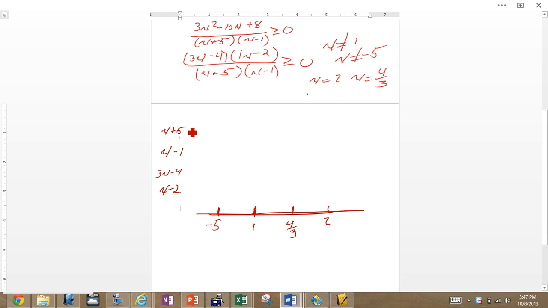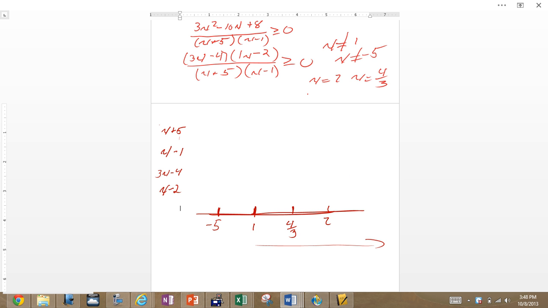Also, I put these factors in the same sequence going downward as their corresponding zeros going left to right. X plus 5 is associated with the first here. The second factor here is associated with the second number there, and so on and so forth.